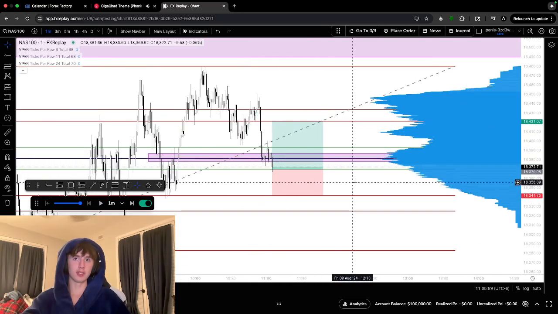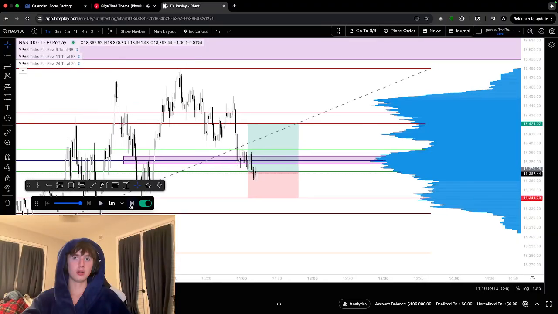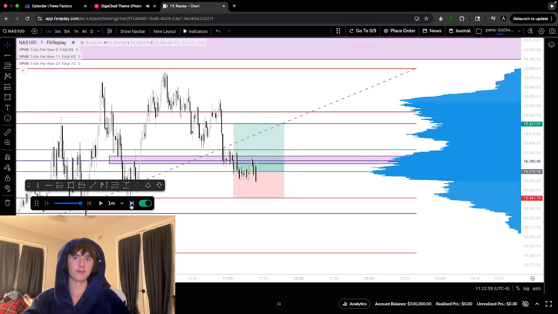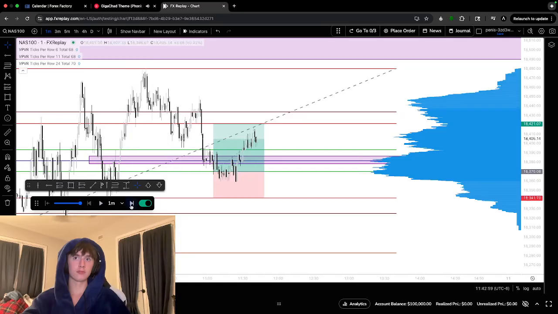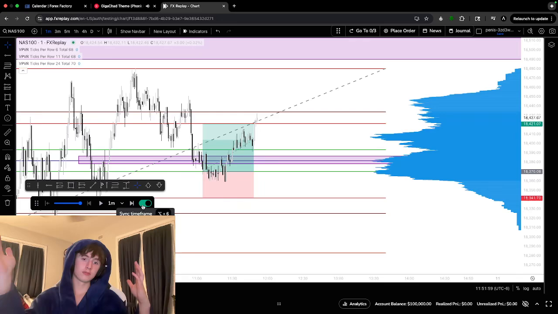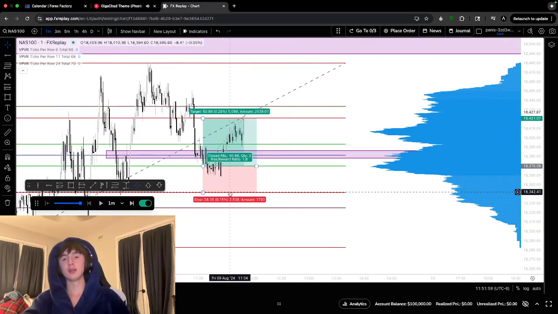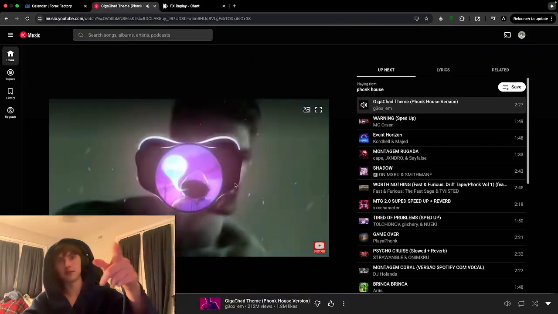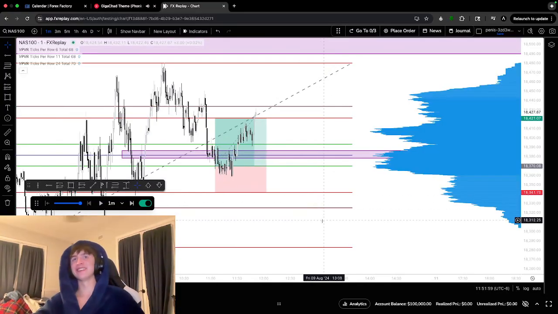Always target the other red level. This trade goes perfectly with the funk music that I'm listening to.